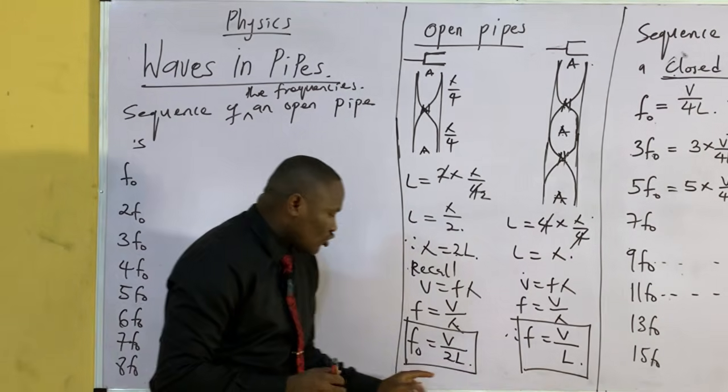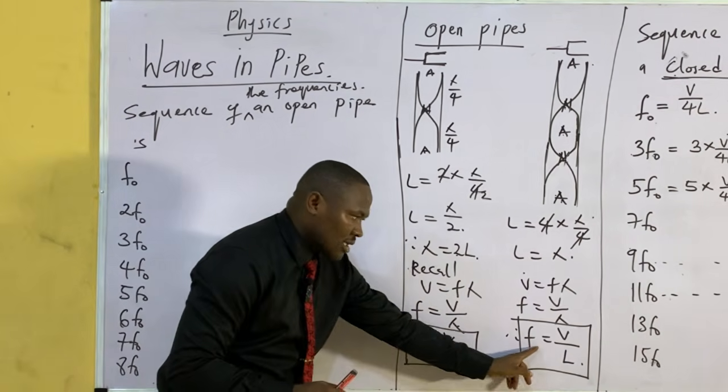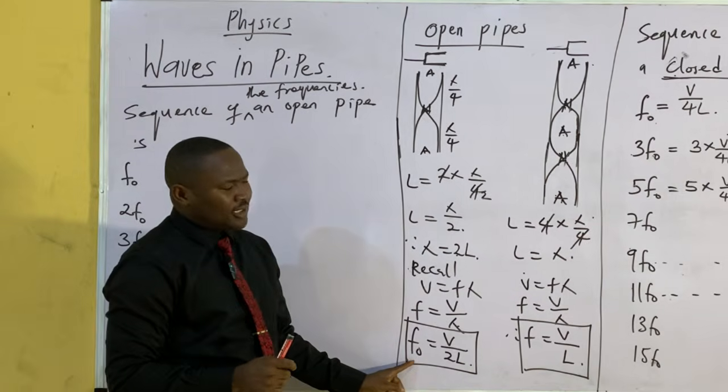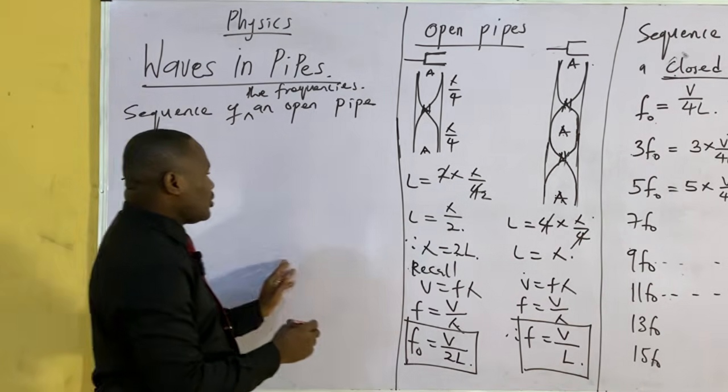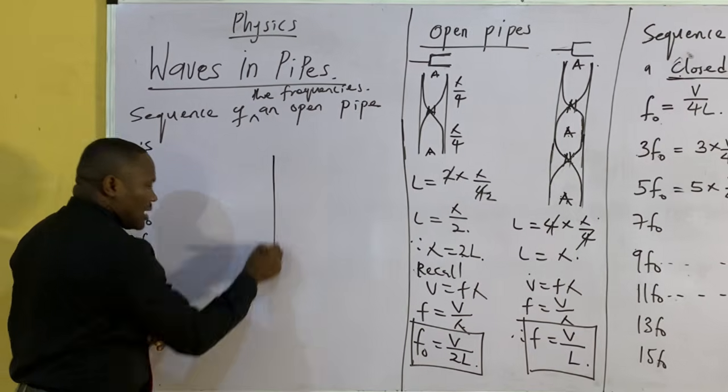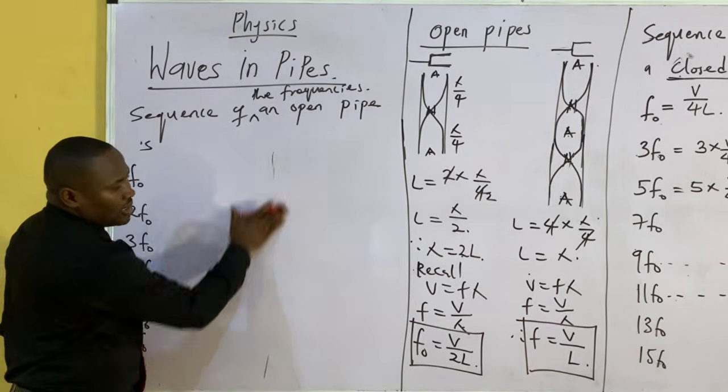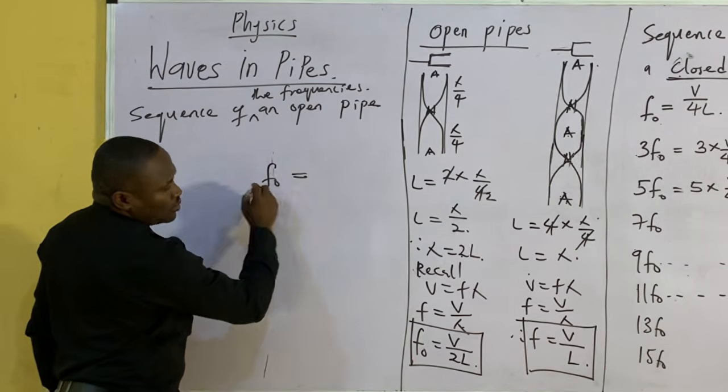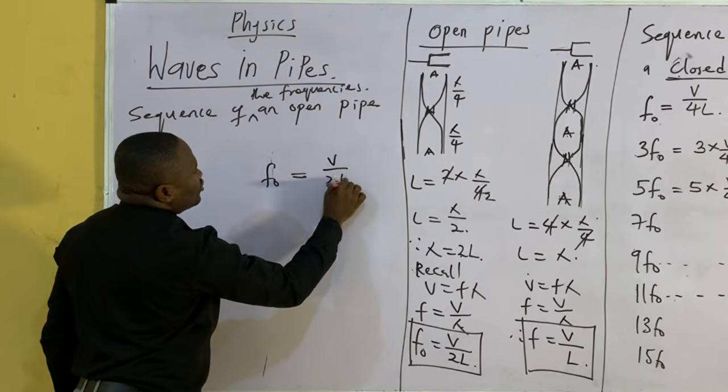This is two of this. Say, I don't understand. Look at it. Let me do it here so that you just see it as a sketch. F naught is equal to V over 2L.